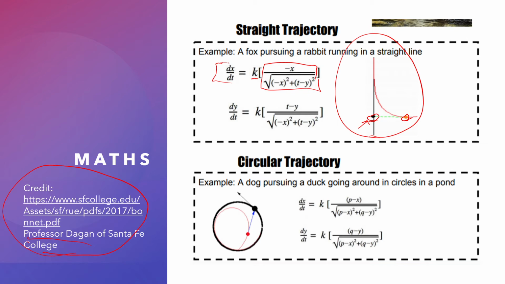But I did want to talk about this other example we have here, which is the circular trajectory. Again, black is the thing being pursued, and red is the thing pursuing. What I really wanted to point out is that, just like this shows, we're not trying to predict where the black dot is going to be.